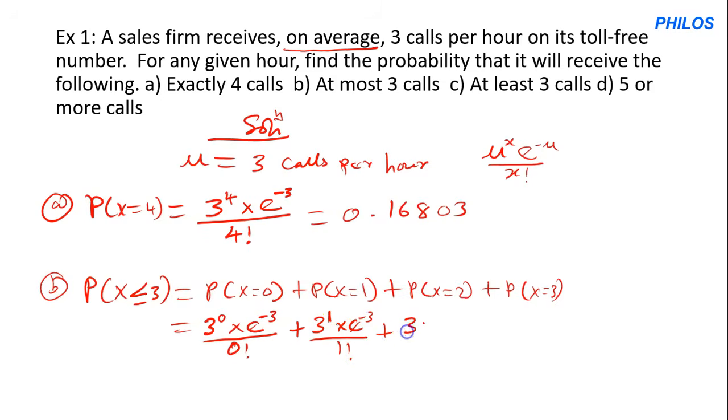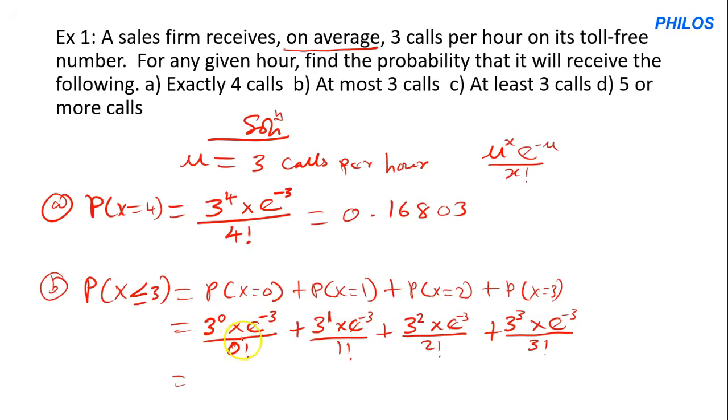Plus 3 exponent 2 times e exponent negative 3 divided by 2 factorial. Then we do this also. 3 exponent 3 times e exponent negative 3 divided by 3 factorial. So you follow the procedure you used in solving this to solve this too.